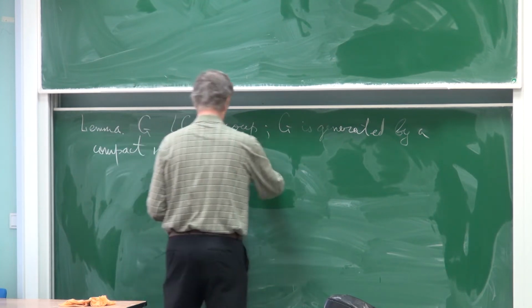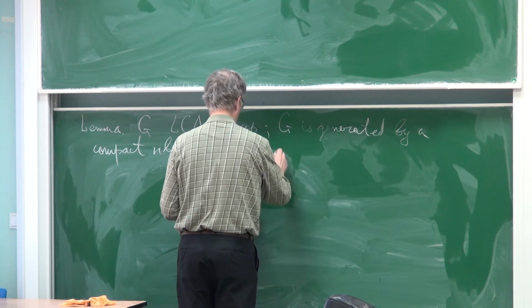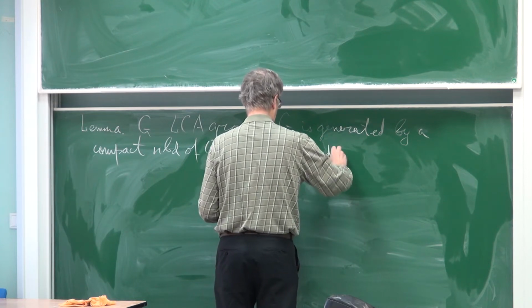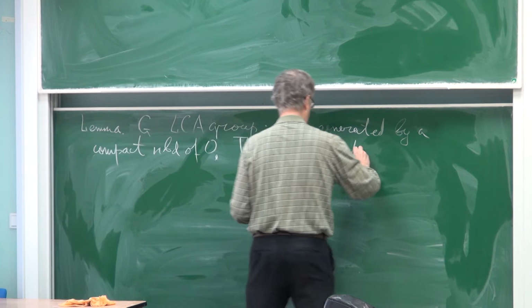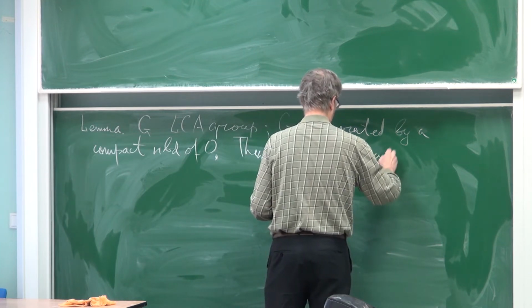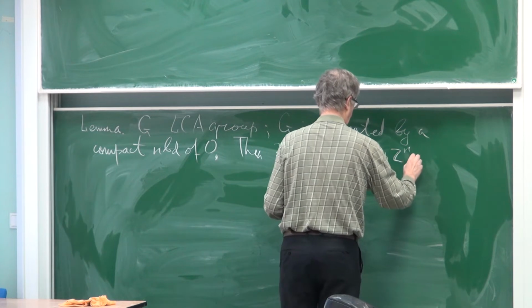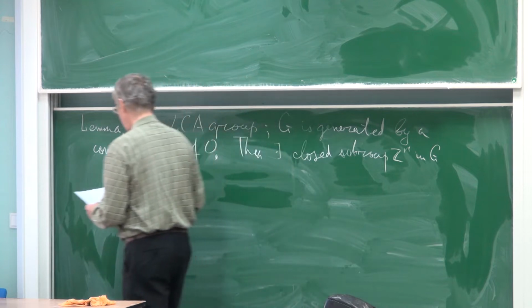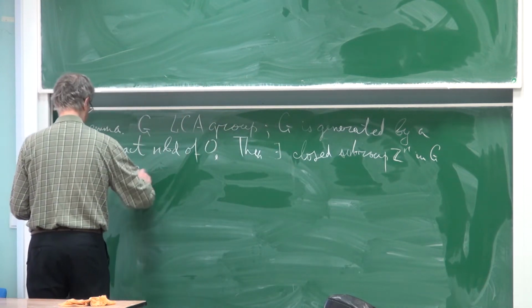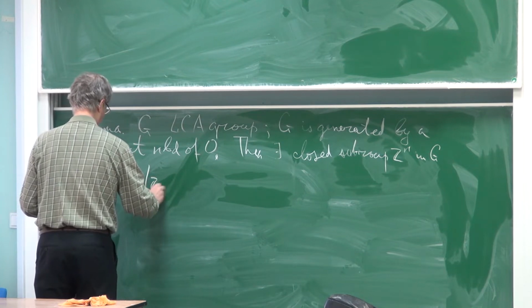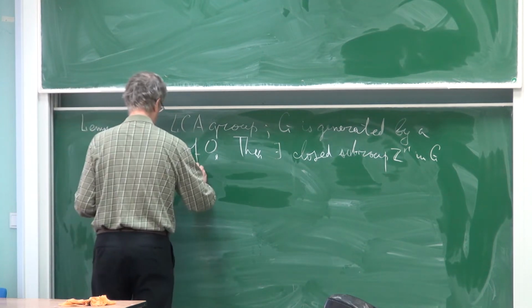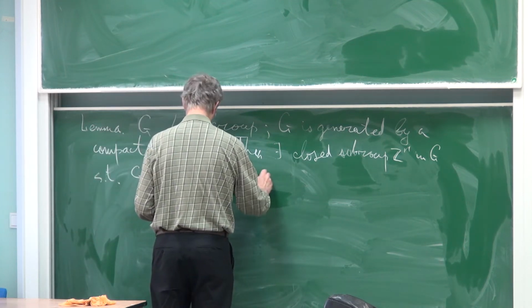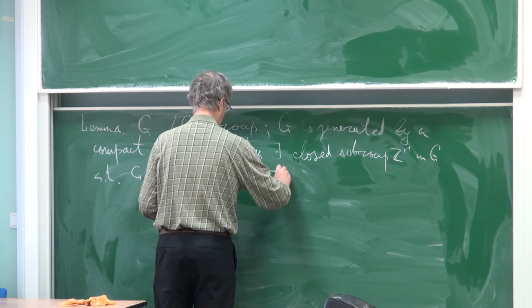Then there is a closed subgroup Z to the power n in G such that the quotient of G over this subgroup is compact, and moreover this subgroup does not intersect this neighborhood V.